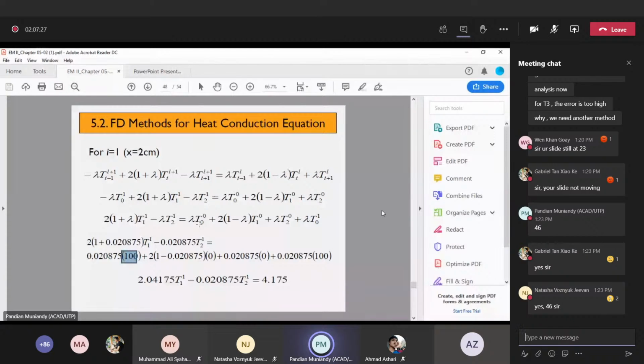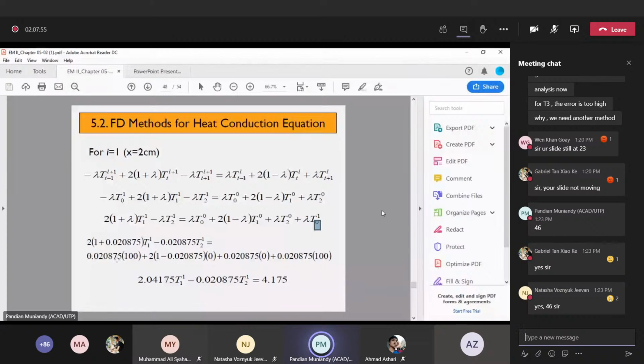At the same time, T naught 1, this also 100. No different because this is at x still 0. Only the superscript 0 and 1, but that doesn't affect the temperature at x0. The main point is at x0, this subscript. That's why this is 100, this is 100, rest is 0.